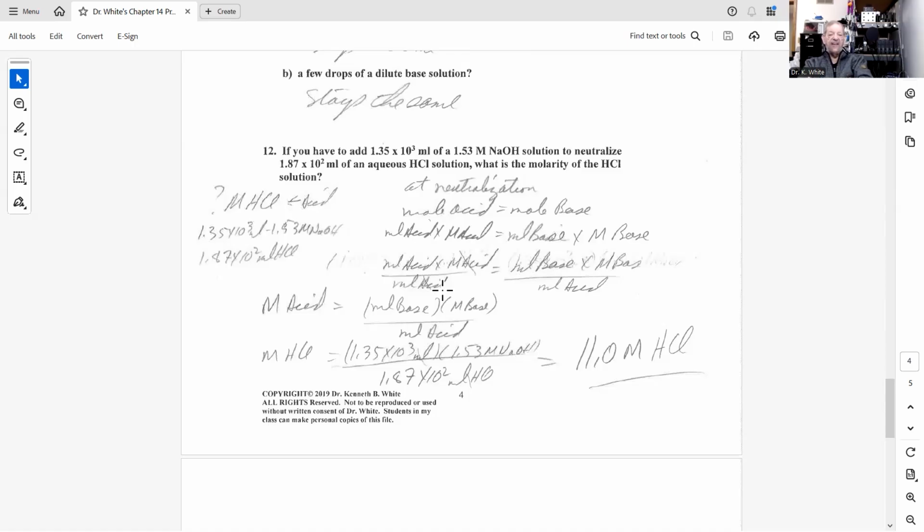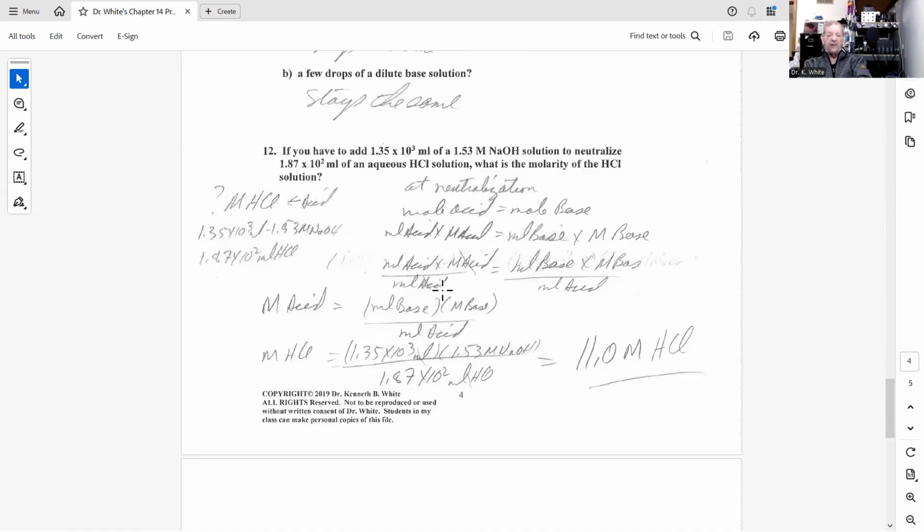If you have to add 1.35 times 10 to the third milliliters of a 1.53 capital M, and remember, capital M is molarity, NaOH solution to neutralize, and that's the key thing, neutralize 1.87 times 10 squared milliliters of an aqueous HCl solution.